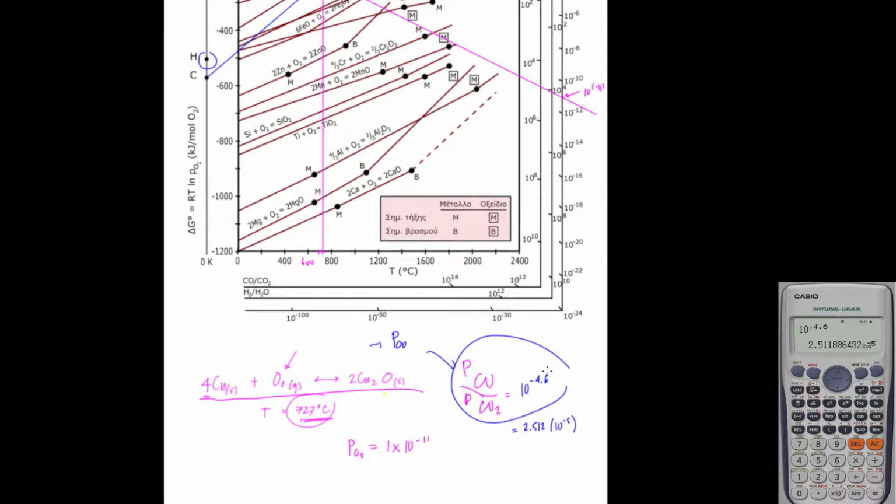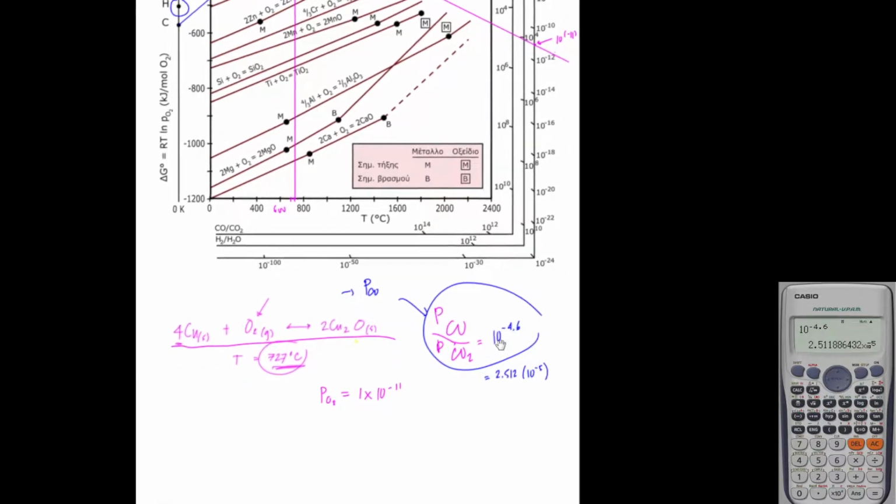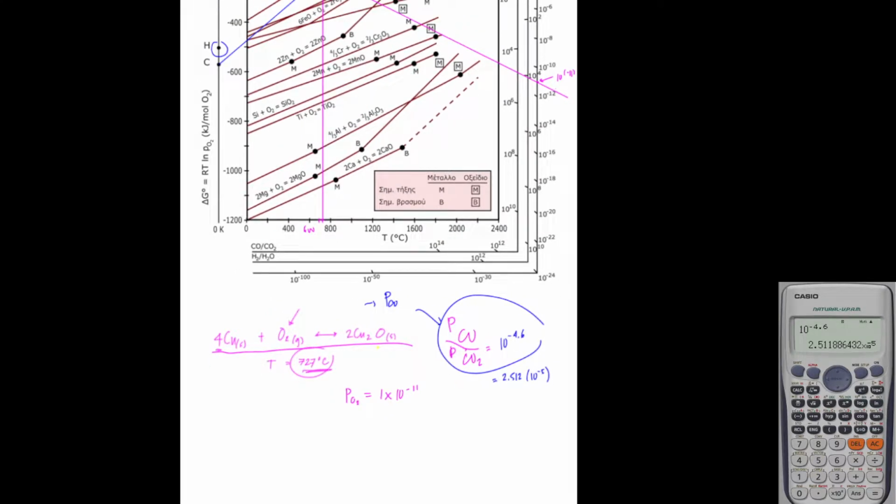Parang ganyan. Okay? And similarly, kung given din yung PCO2, mahanap mo rin yung PCO kasi nahanap mo na from the graph yung ratio. Okay? So, I think that's it.